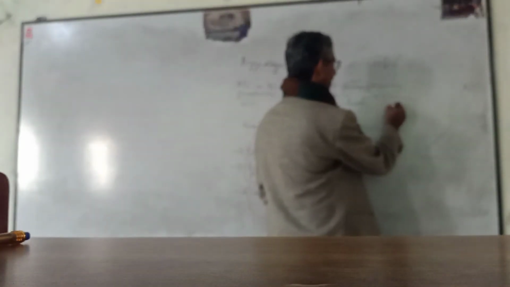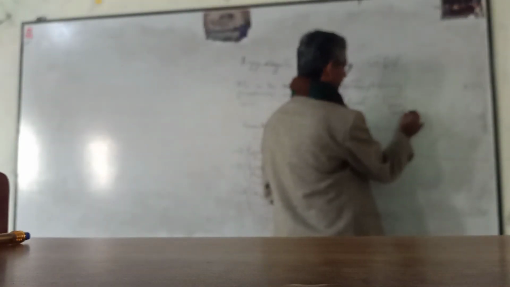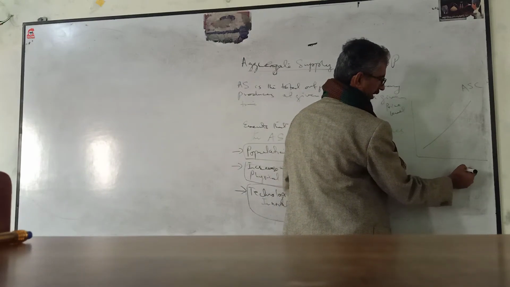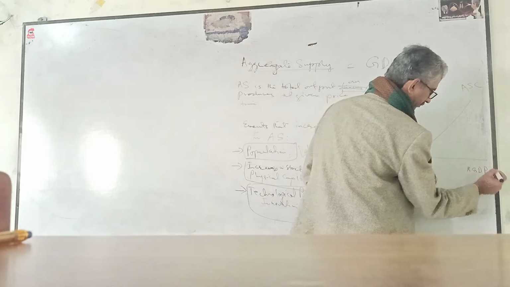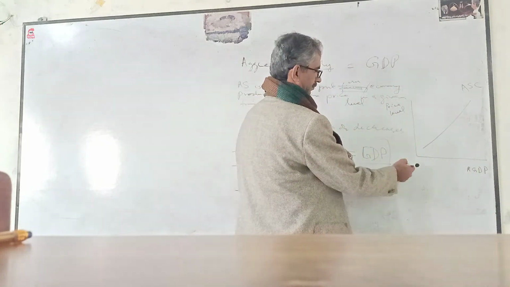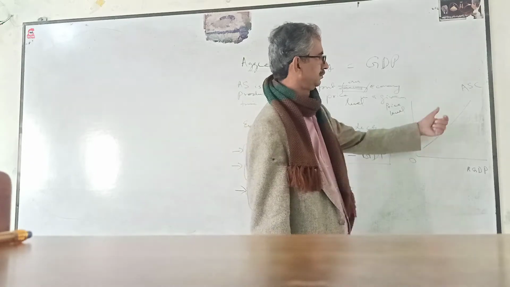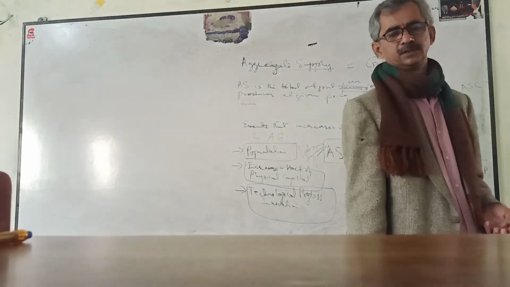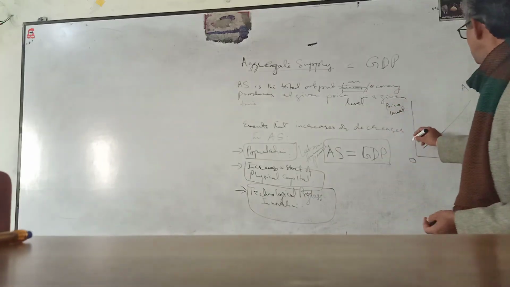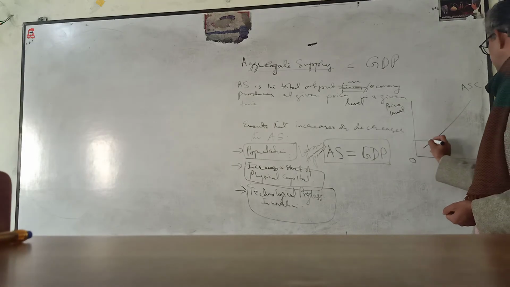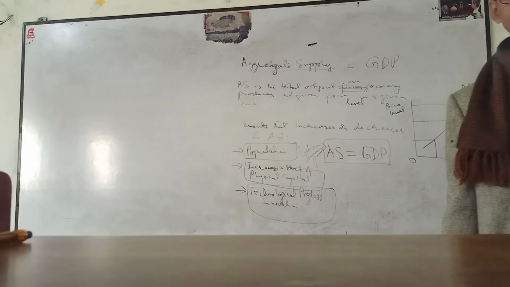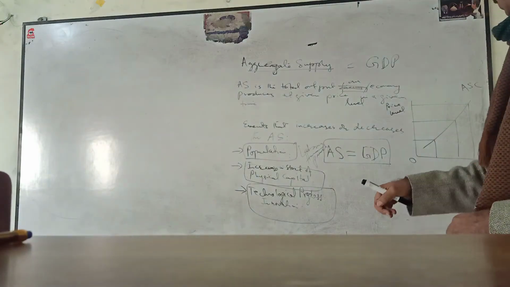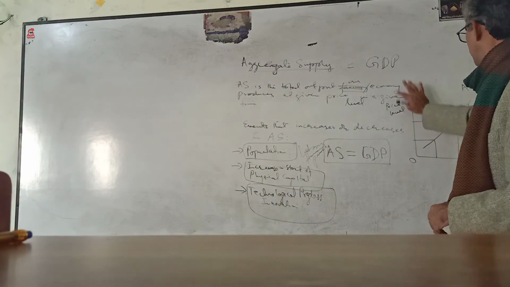Here we write the price level, here we write the real GDP. You can see the aggregate supply curve, that supply is directly related with the price level.